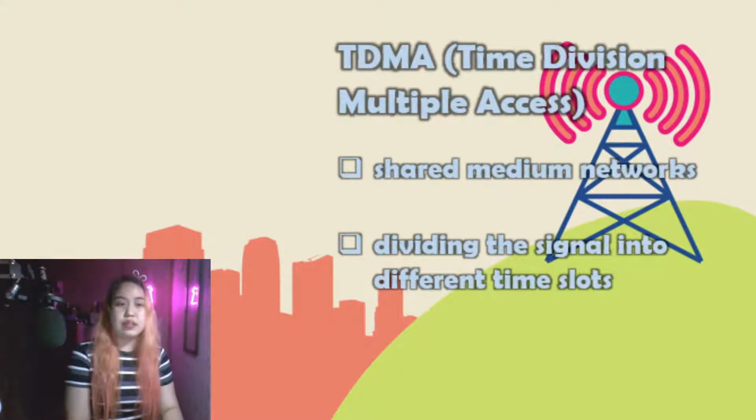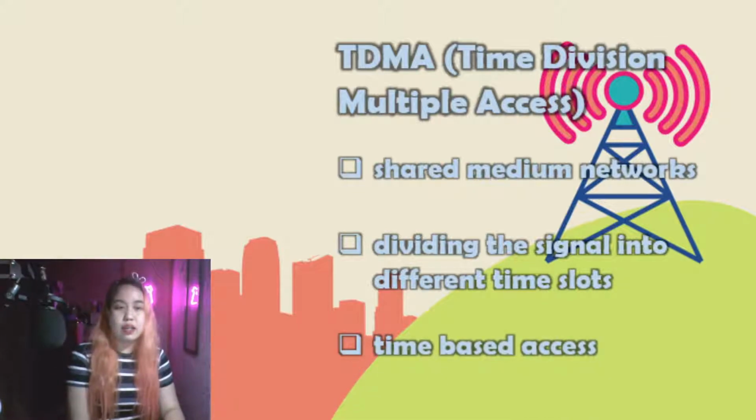The users transmit in rapid succession, one after another, each using its own time slot. This allows multiple stations to share the same transmission medium, for example, a radio frequency channel, while using only a part of its channel capacity.